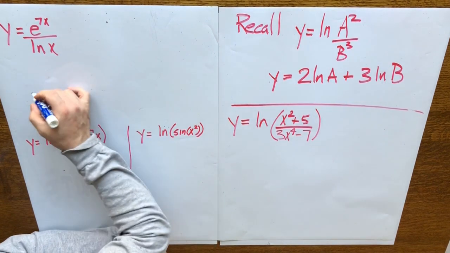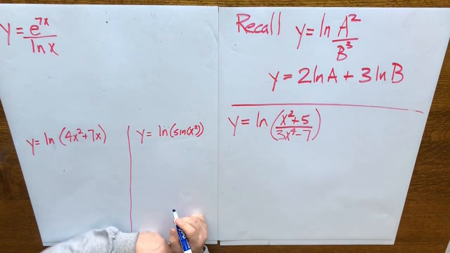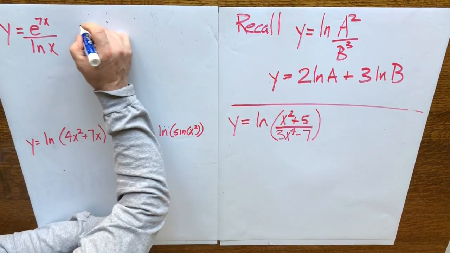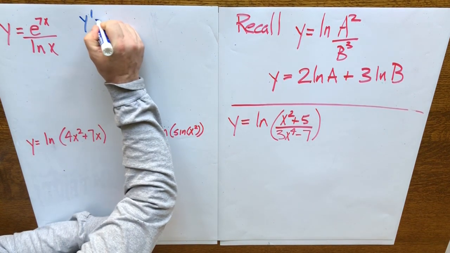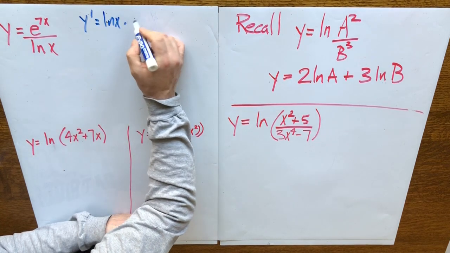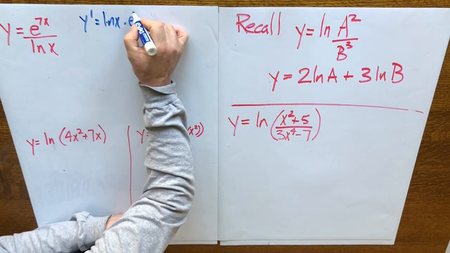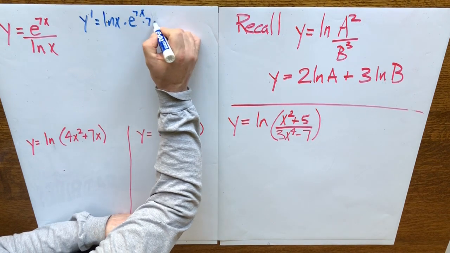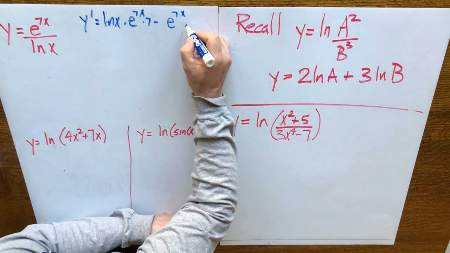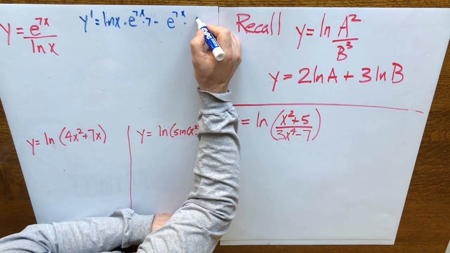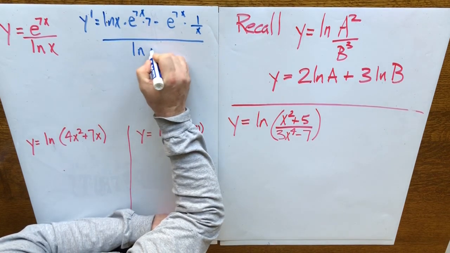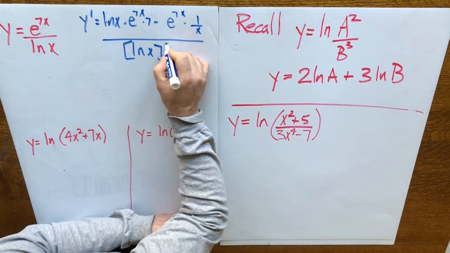So here's a quotient. Let's use the quotient rule. Y prime equals denominator, ln x, times the derivative of the numerator, e to the 7x times 7, minus numerator, e to the 7x, times the derivative of the denominator, 1 over x, all over the denominator squared.